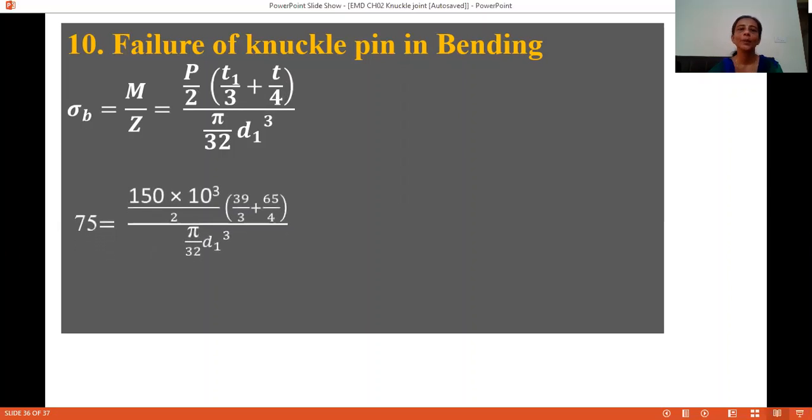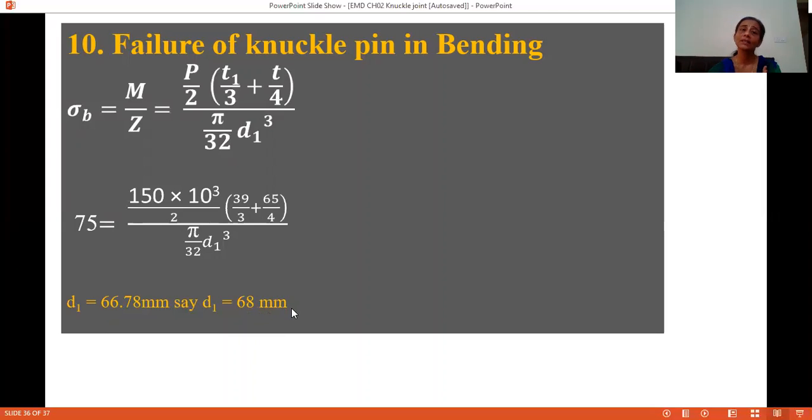Let us substitute value of permissible tensile stress here and values of P, t1, t, and remaining terms are constants. So we get minimum diameter of pin we should keep to avoid the bending failure. Minimum and safe diameter of pin should be 66.78. So we keep 68 mm.